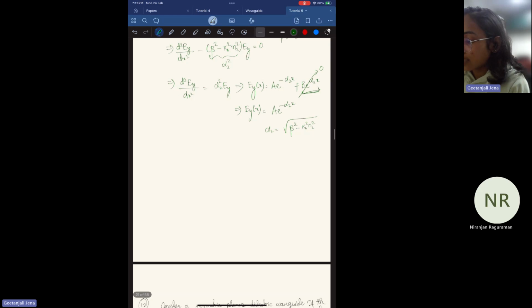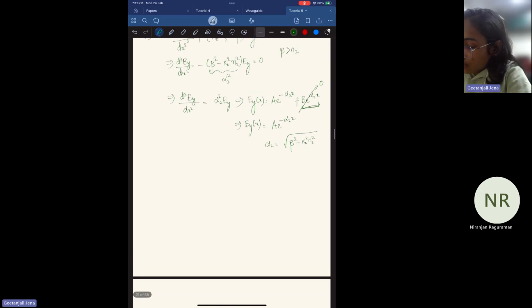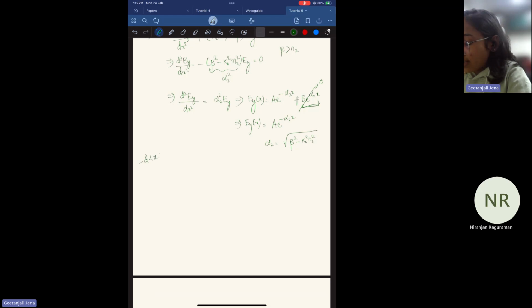Now let us see the other region, the core region first. Minus t less than x less than 0. So here we have n(x) is n1 and beta here is less than n1.